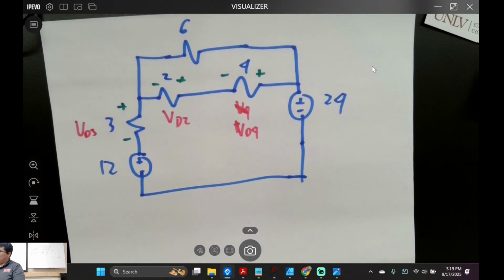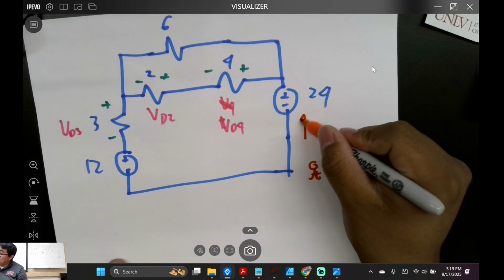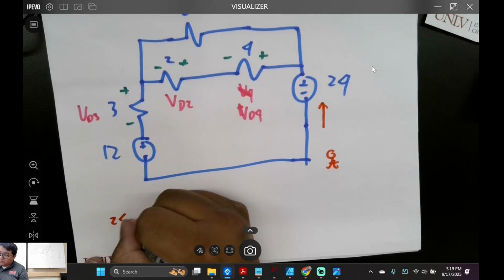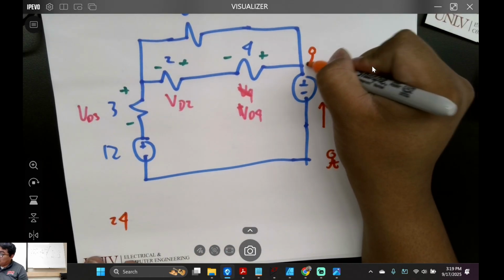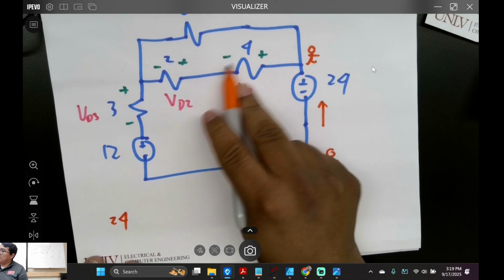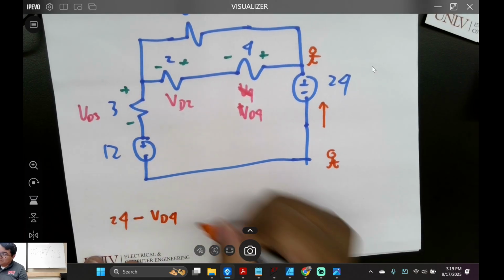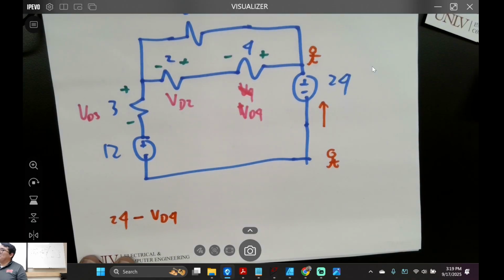Who's ready to walk the circuit again? Like that. I'm going to go up the stairs, right? 24 volts. I'm over here, right? Now I'm going to go down the stairs, right? Plus, minus, right? Minus VD4. Now I'm going to do the following.